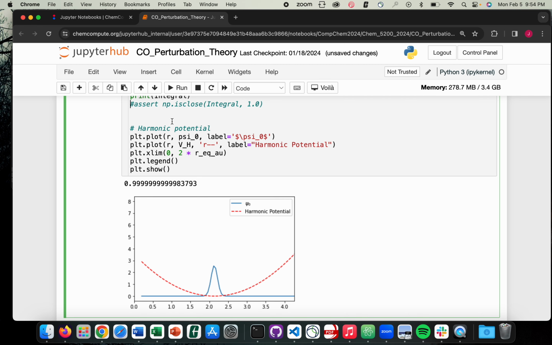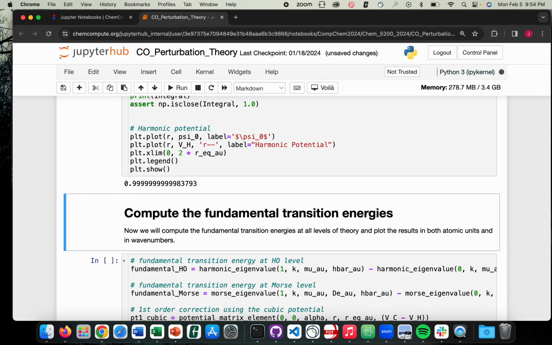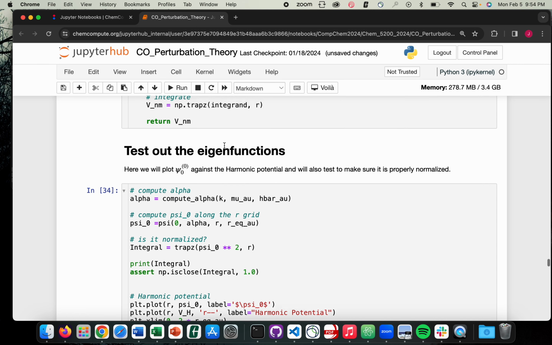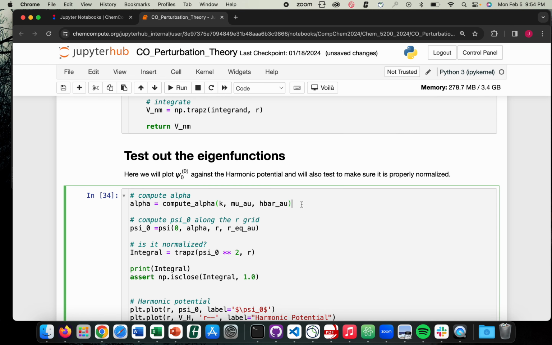Now that I've troubleshot this block, let me tell you what I did. Here I computed alpha using k and mu and h bar.